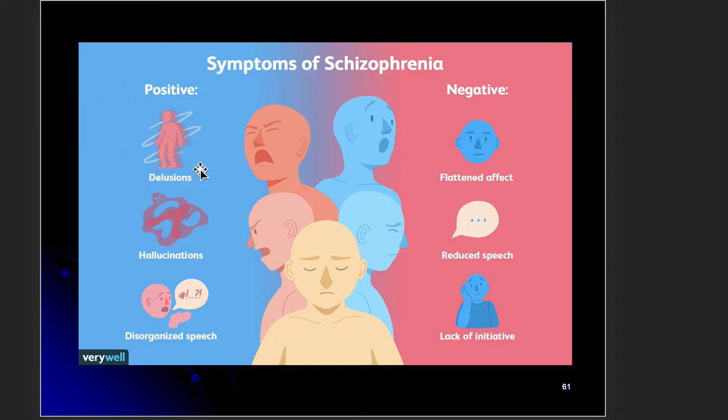These are supposedly positive traits according to them. These are also negative, but delusions, hallucinations, disorganized speech are all negative, right? If you hallucinate, you get scared, right? Or the delusions. So these are symptoms of schizophrenia.